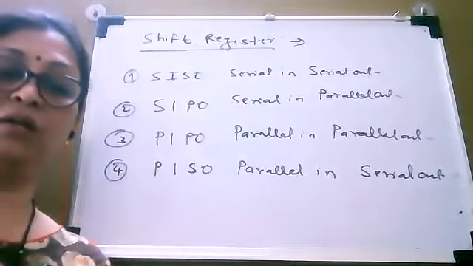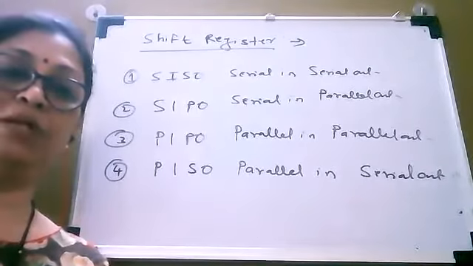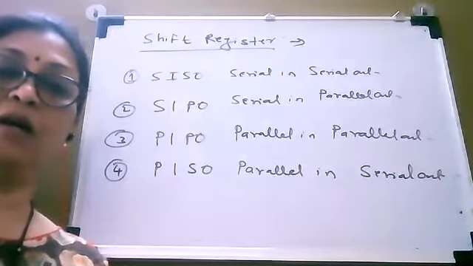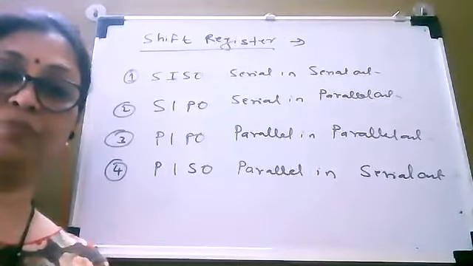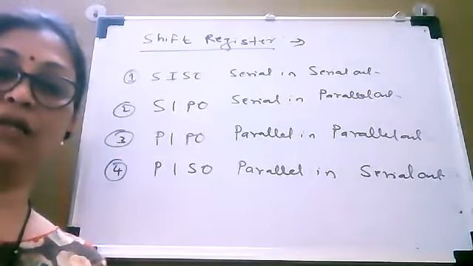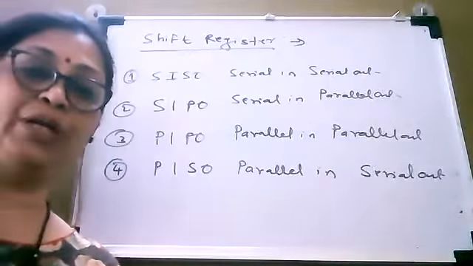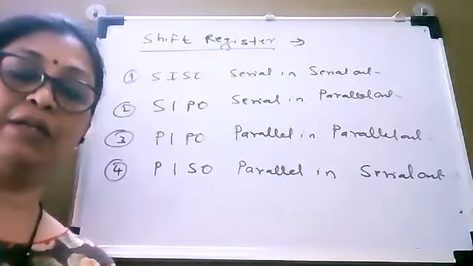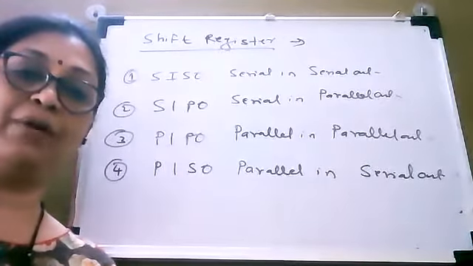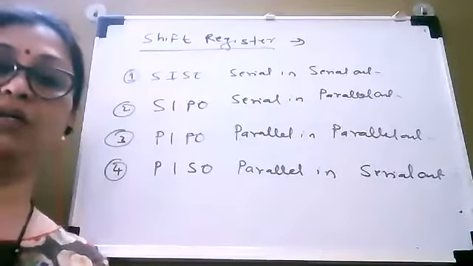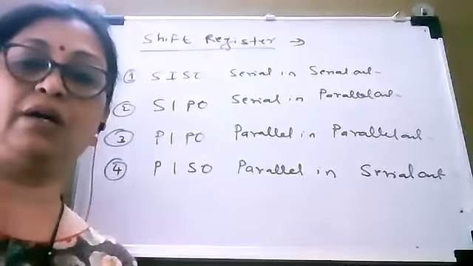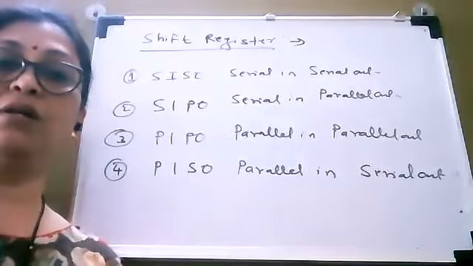So parallel in, parallel out means multiple bits are inputted parallelly, and all these bits are outputted parallelly at the same time. And parallel in, serial out means you are inputting the multiple bits simultaneously, but you are outputting these bits one by one, that is in serial fashion. So this is how the various modes of shift register are going to work.